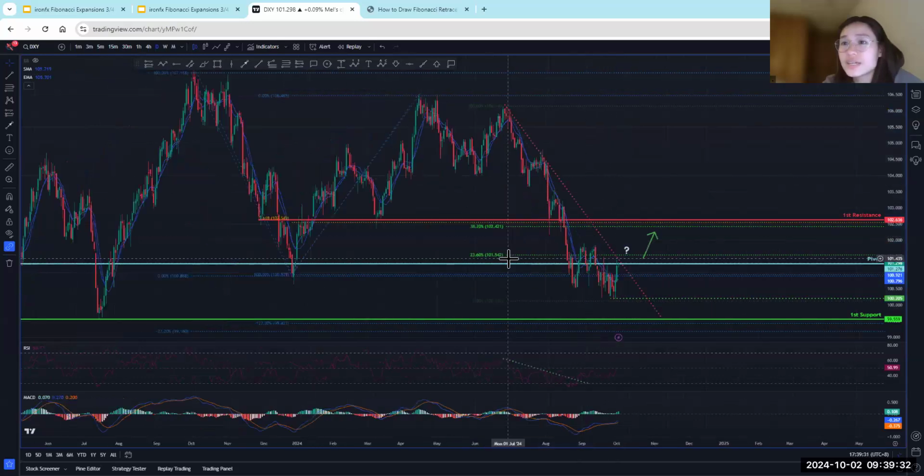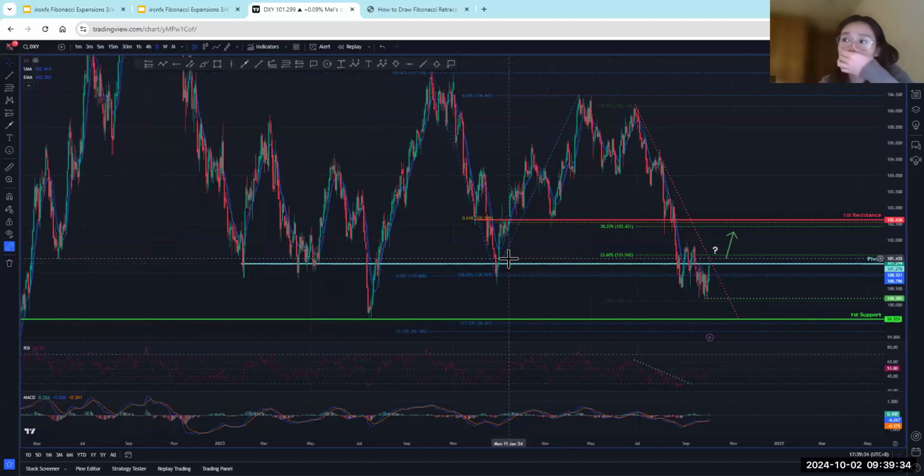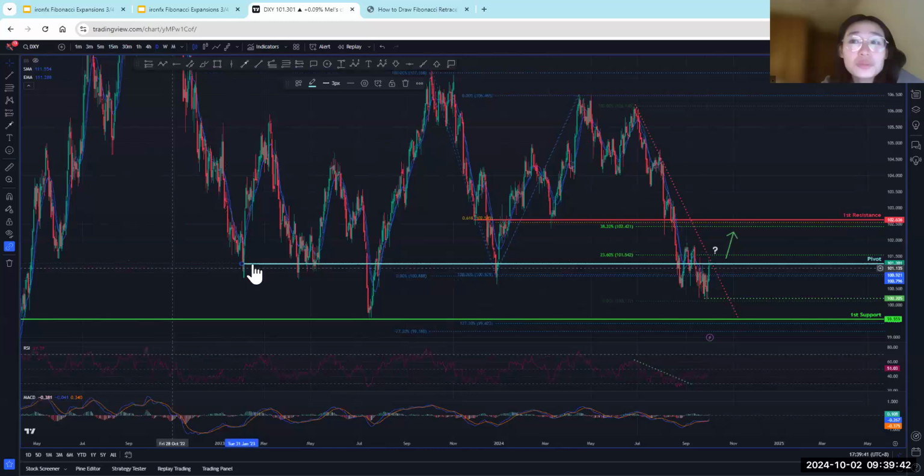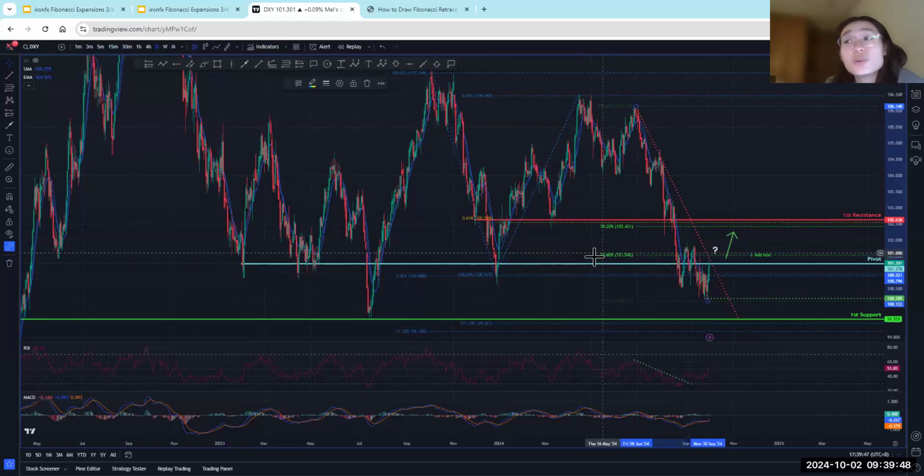Okay, so in this case, actually, this pivot level, this horizontal level is quite significant as well because we have multiple swing lows lining up with it. So we have that, and I was going to mention that because we only have one Fibonacci retracement level that lines up, it's not as big of a confluence area.